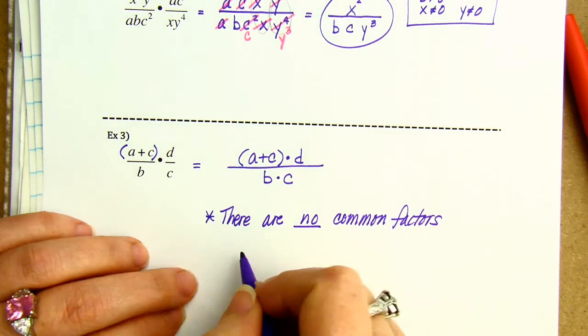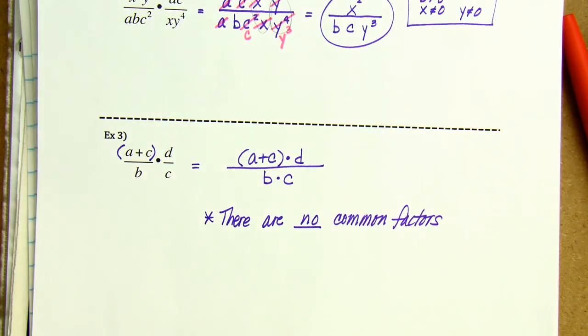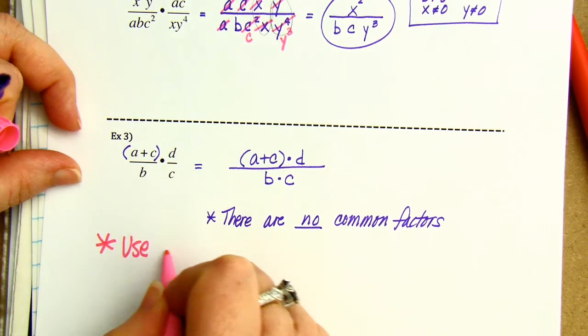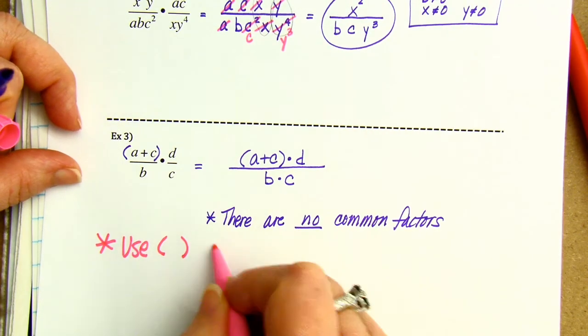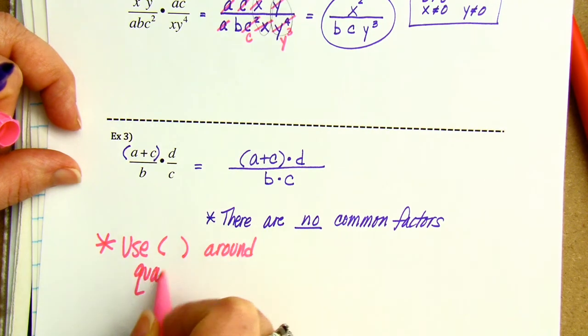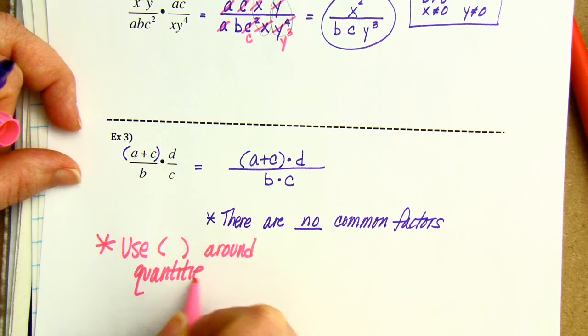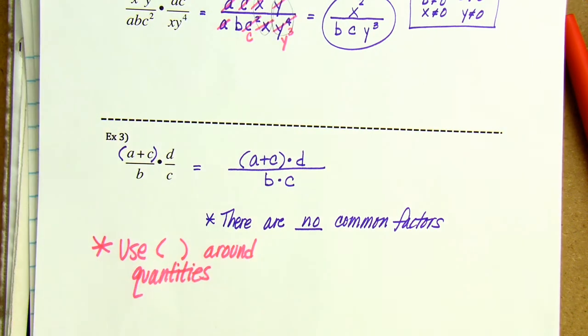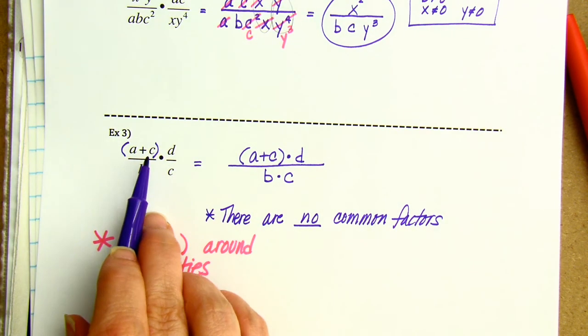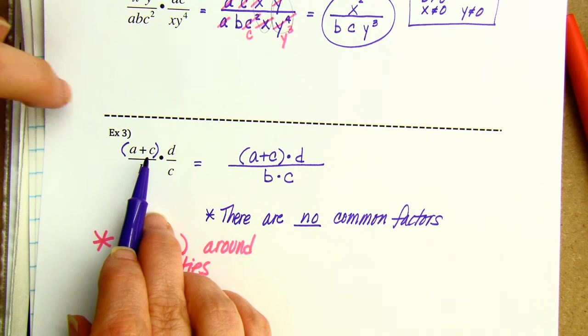And remember to use parentheses around quantities. Right? Anytime you see addition or subtraction between two or more things, you want to group that right away so that you're not tempted to divide those out.